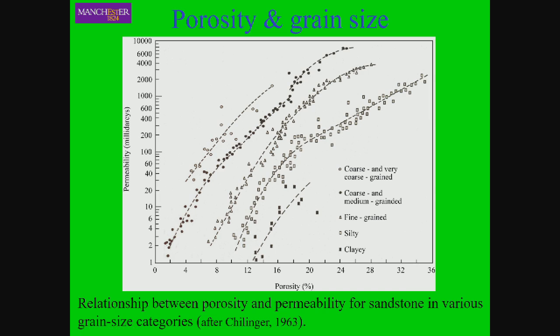That's pretty bog standard. We can also see that for any grain size, the higher the porosity, the higher the permeability. So it's a function not just of grain size, but also of porosity.